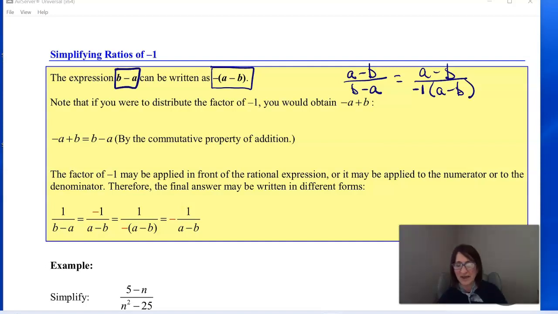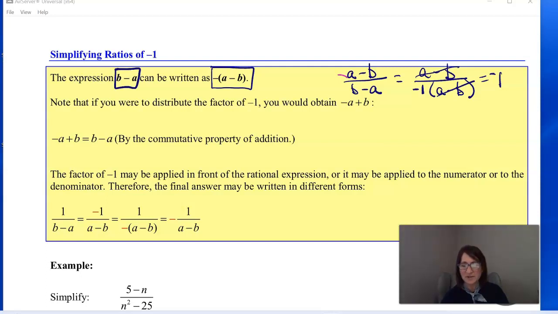Well, because then the A minus B's reduce, and this is equal to a negative 1. All right, well, that's a lot of work, a lot of thinking. Is there a shortcut? Yeah. Okay, so look at this.